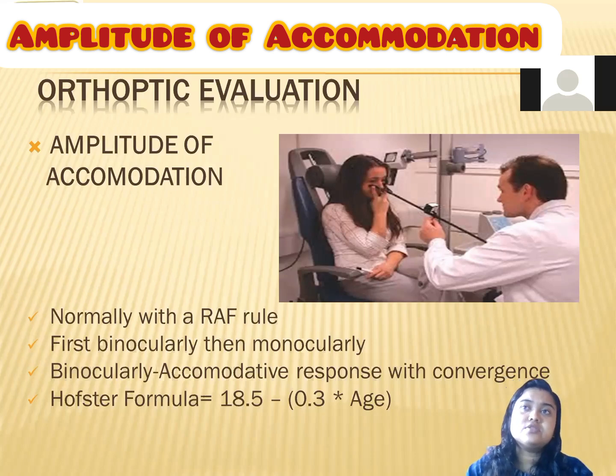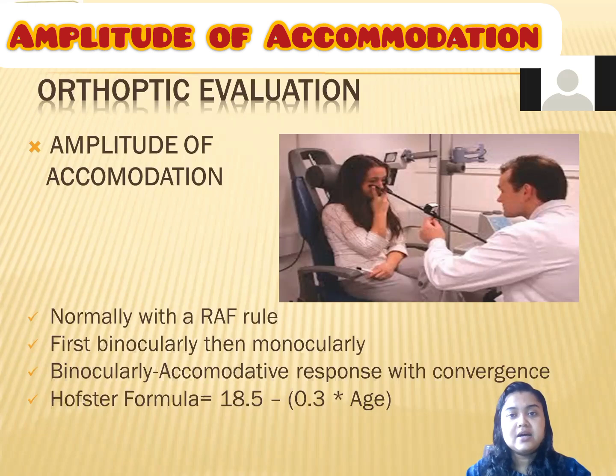So for the 10-year-old child, you need an accommodation of 15.5 diopters, right? If the child has around 14 diopters, his accommodation is a little lesser than expected for his age. That's how we record the accommodation and compare it with the age factor. Whatever age the patient is, accordingly he should have that amplitude of accommodation. Okay.